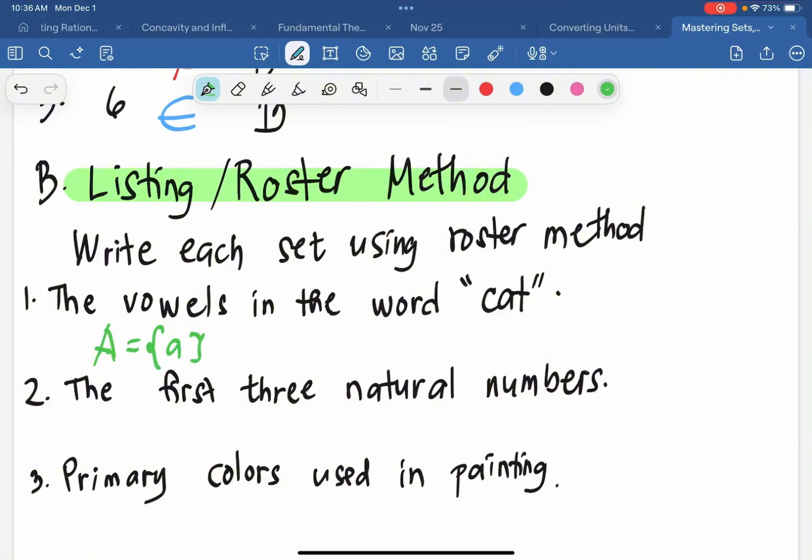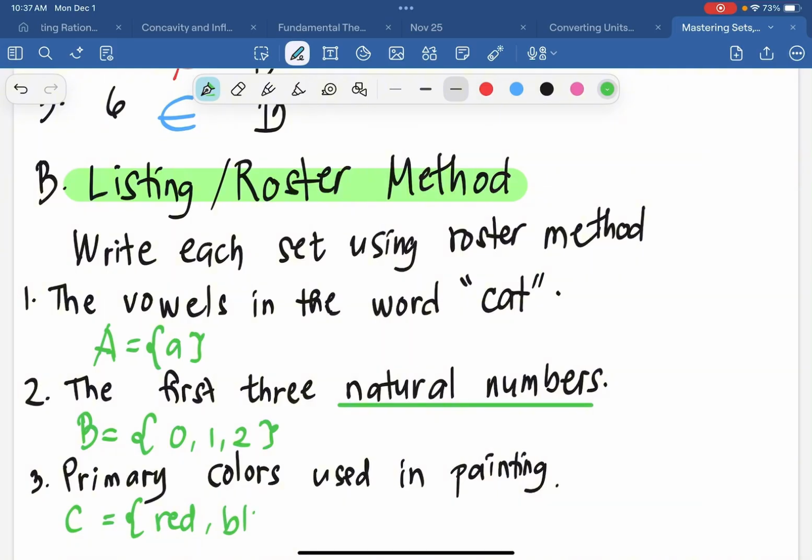For the second one, the first 3 natural numbers. Again, this is natural numbers, so natural numbers start with 0. So B is equal to 0, 1, and 2. And for set C, primary colors used in painting, so you have red, blue, and yellow.